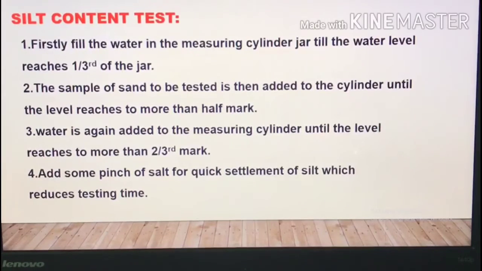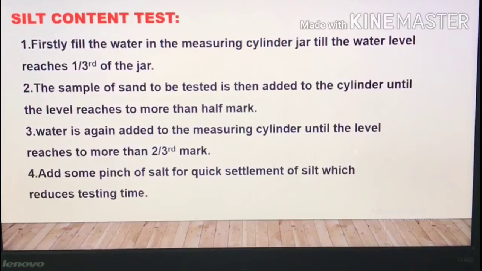Then water is again added to the measuring cylinder until the level reaches to more than 2/3 mark. After that, add some pinch of salt for quick settlement of silt, which reduces testing time.